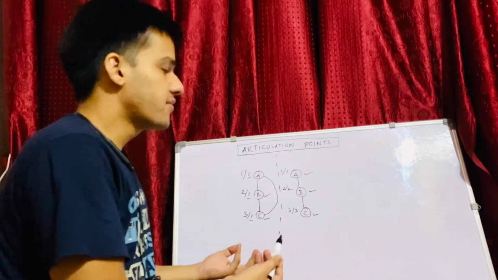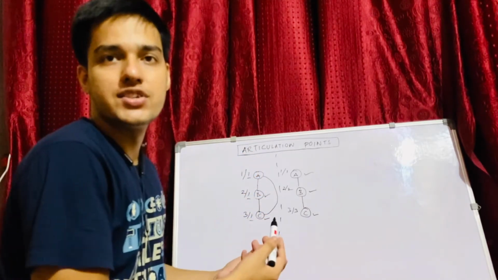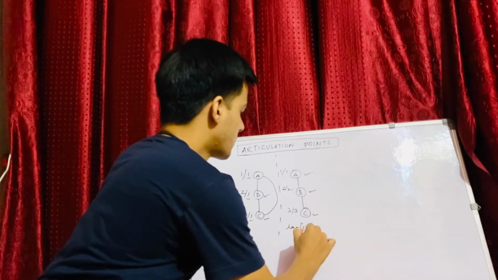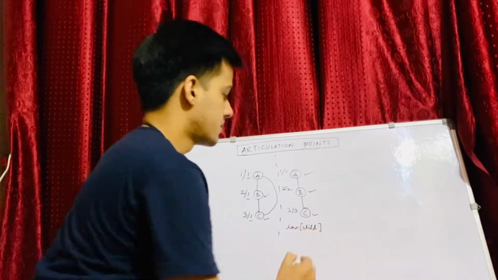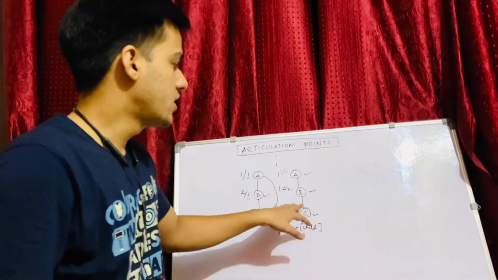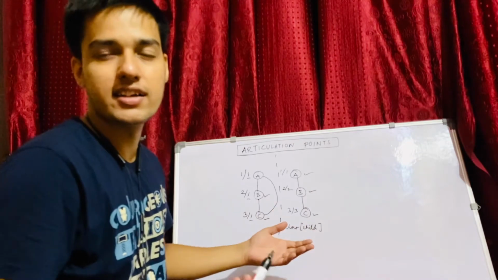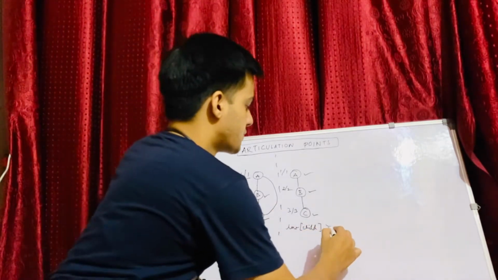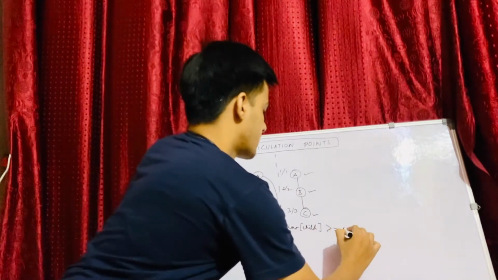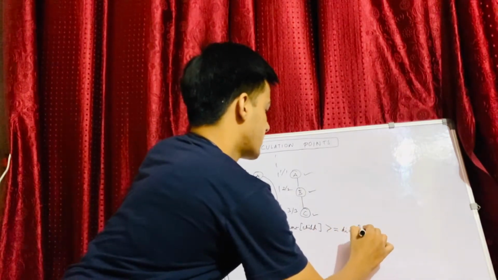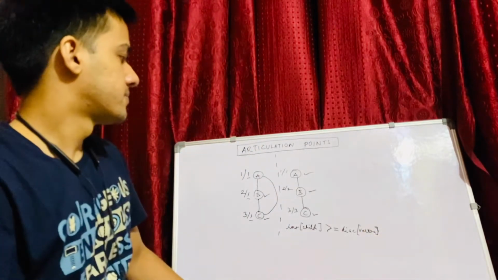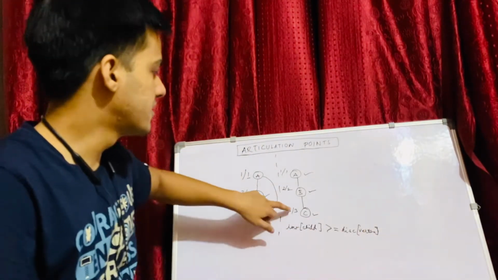So if it wants to be an articulation point, then the low of child, so the low discovery time of the child of that vertex that I want to check as an articulation point, should be greater than or equal to the discovery time, DISC, of the vertex.